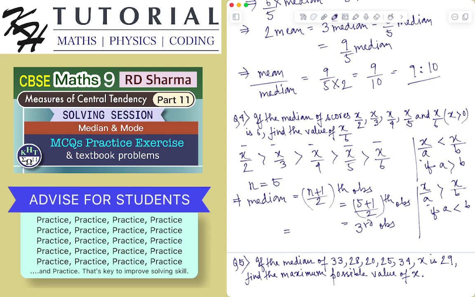The third observation is x by 4, and the median is given as 6. So x by 4 should be equal to 6. This implies x is equal to 24.